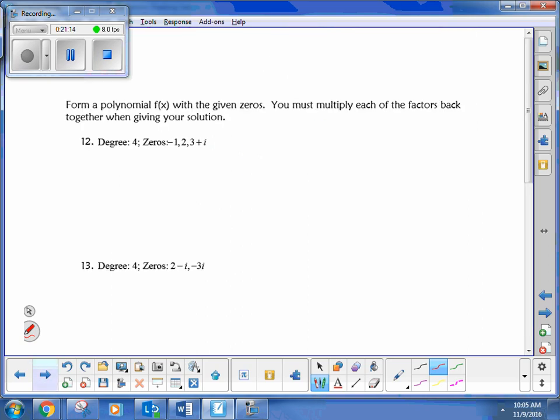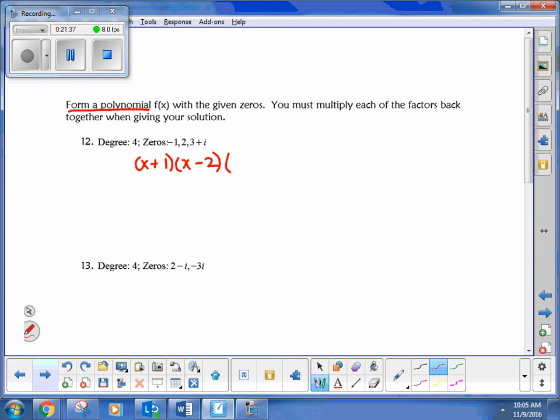Let's go on to these. Now these, they want us to form a polynomial. When we form a polynomial, this is when we must make factors and multiply the factors back to give you your solution. So in this case, to make a negative 1, my factor is going to be x plus 1. To make a 2, it's going to be x minus 2.